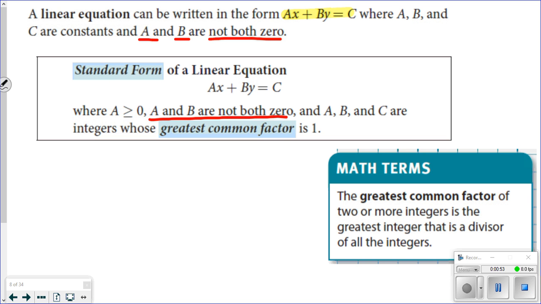Another rule is that a must be greater than or equal to 0. So in the My Notes section of your book, you might want to write down that a cannot be negative, or a is positive.